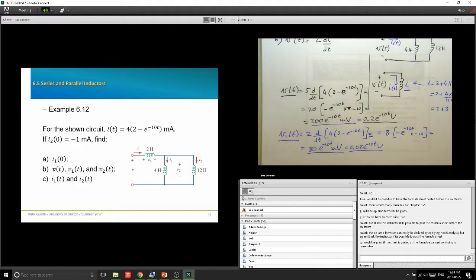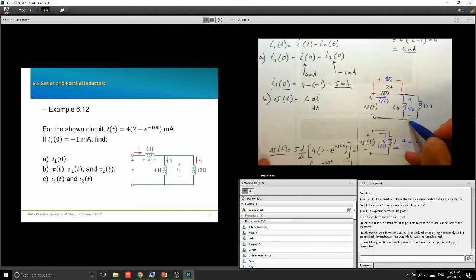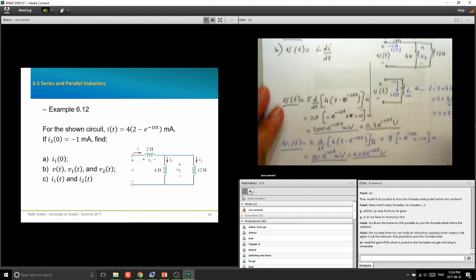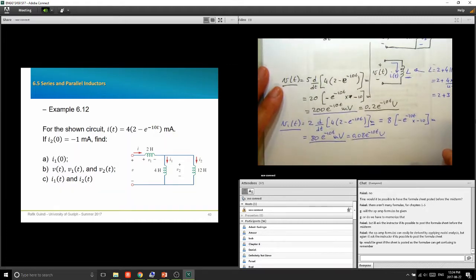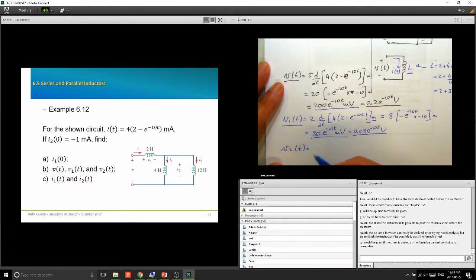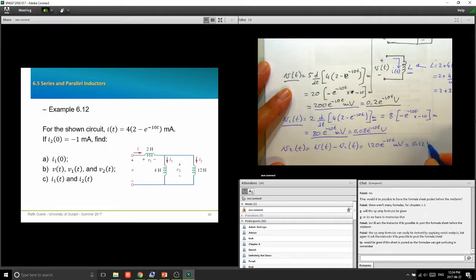So V is equal to V1 plus V2. So that's how you're gonna get V2 of t: V minus V1 of t. It's going to be equal to 120 e to the negative 10t in millivolts, or 0.12 e to the negative 10t in volts.